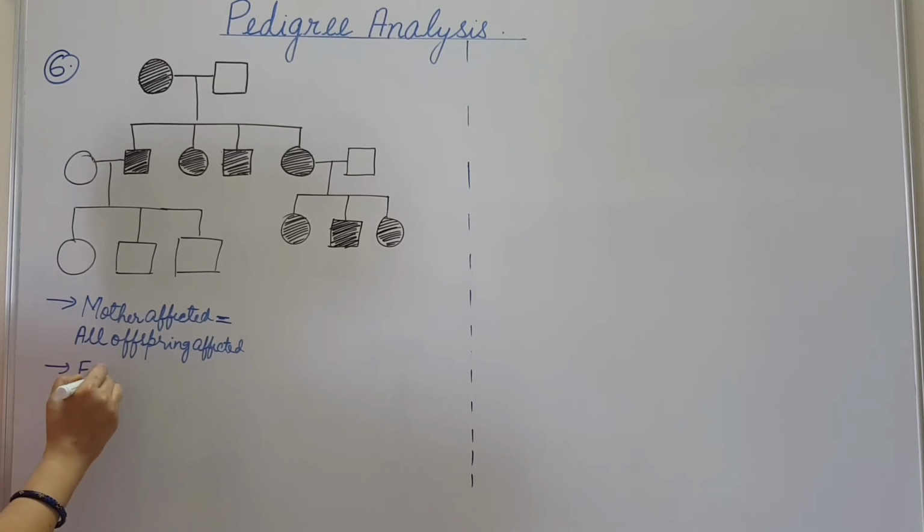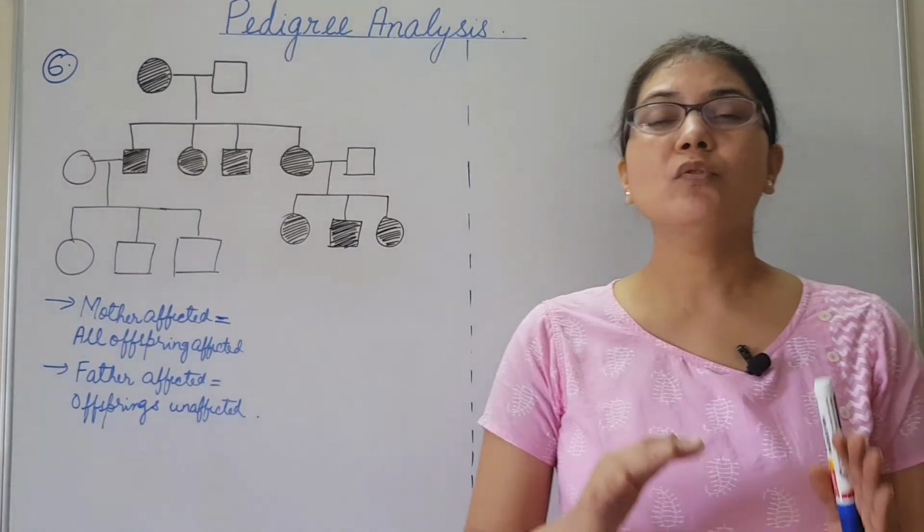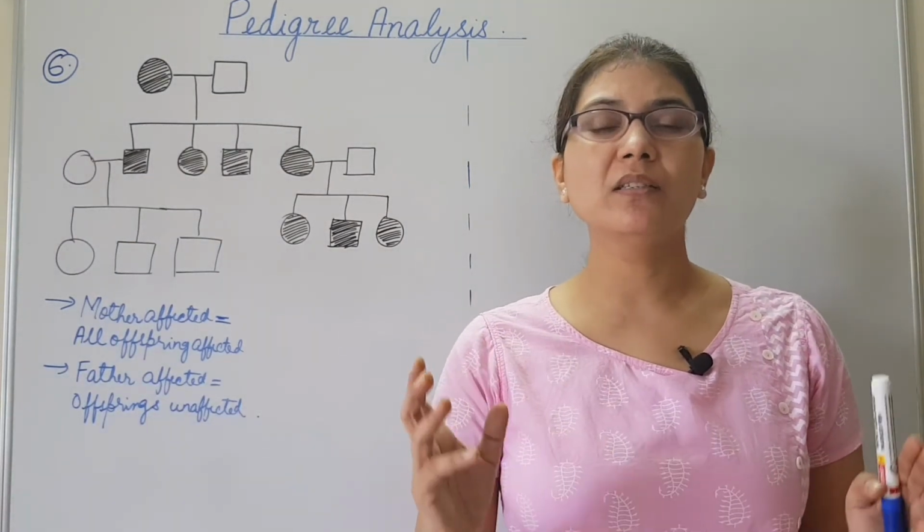Father affected, offspring unaffected. So how is it possible, or what does this mean?